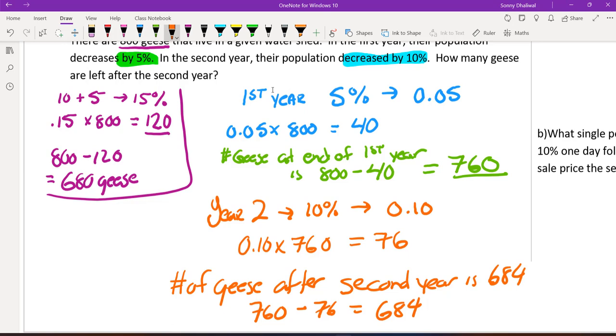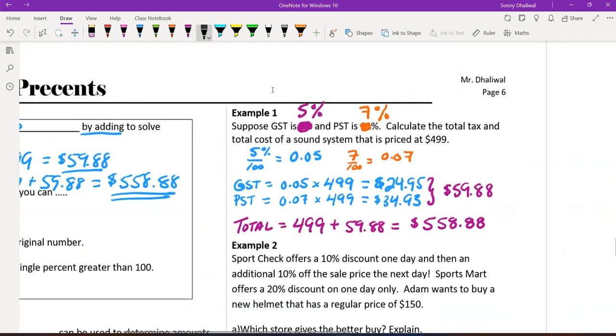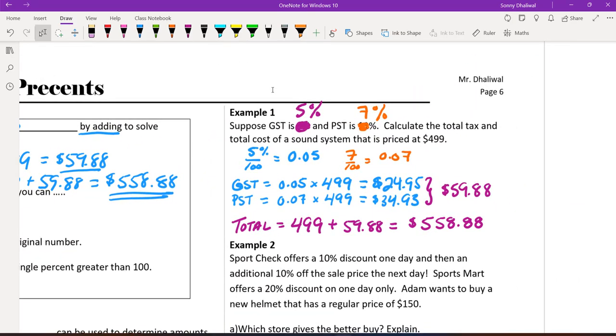And you notice that this is a different number than before. This is not the same as this. That's because in year 2, we're taking a percentage of a different amount. In the first question, when we did taxes, we took the tax on the same thing.